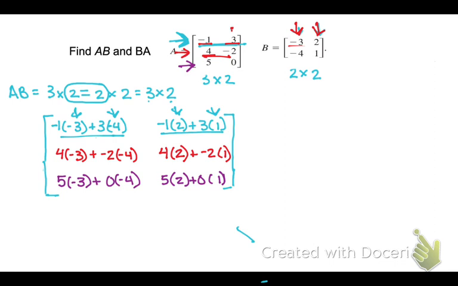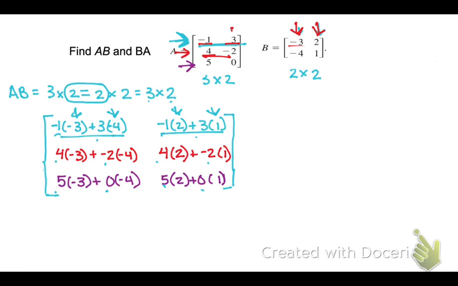Do you see your rows? Negative 1, 3, 3, 4, 4, 2, negative 2, negative 2, 5, 5, 0, 0. You see it? Okay. So that pattern has to be there. For today, I would highly suggest at least you start writing this so you can see it, not just your answers. Does that make sense?